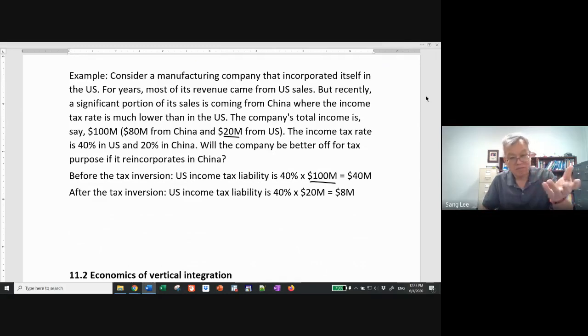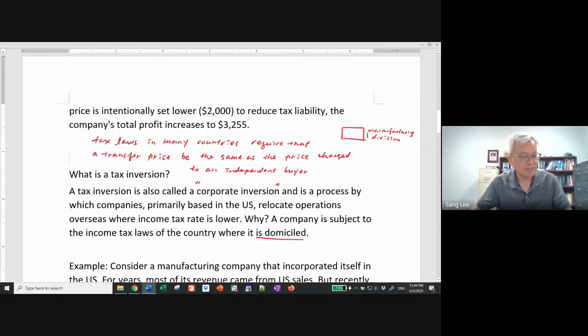So you pay 40% of it in tax, and your US income tax liability will be reduced dramatically. So for tax purposes, it is common that companies try to move their tax residence to a low income tax country. That is what we call corporate inversion or tax inversion.